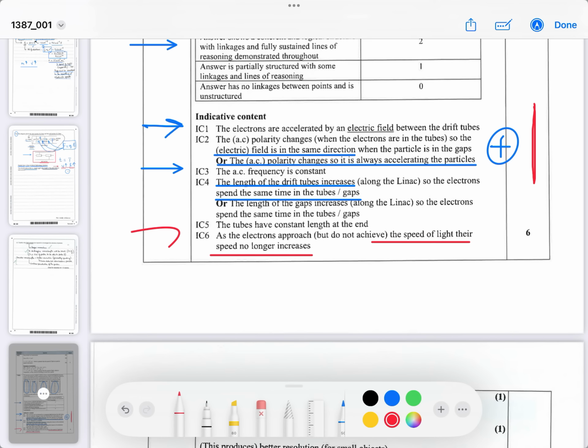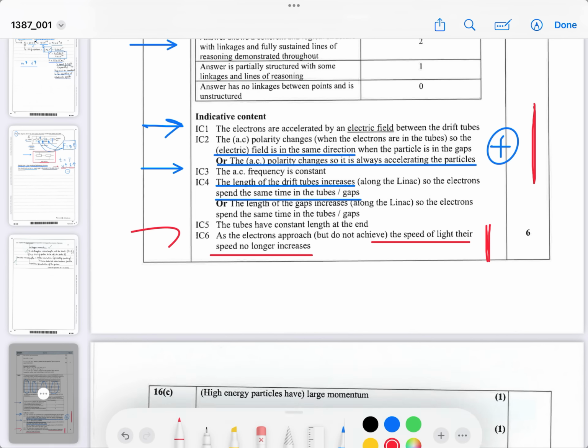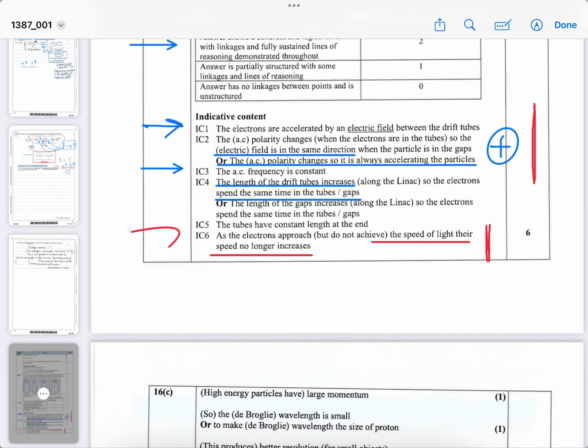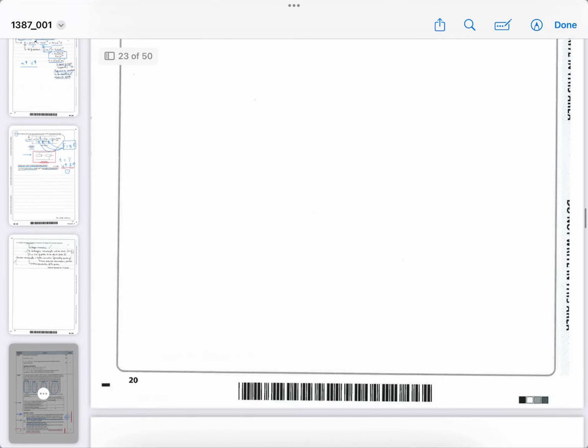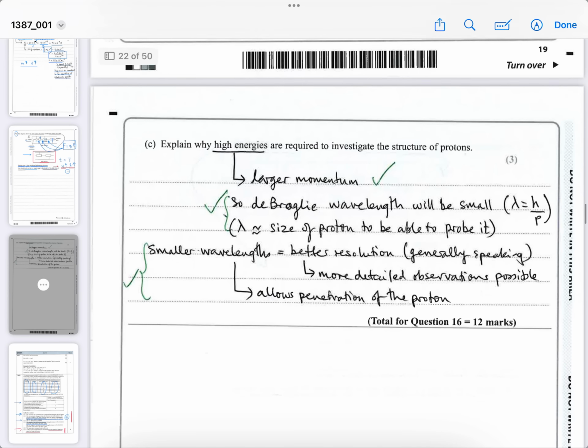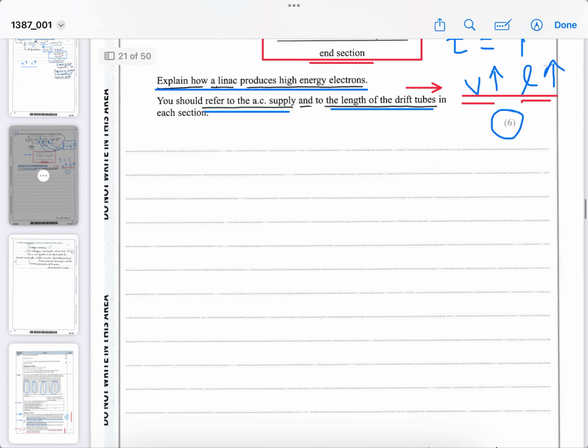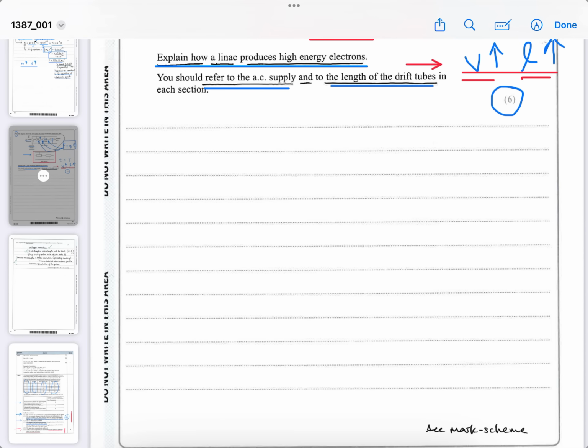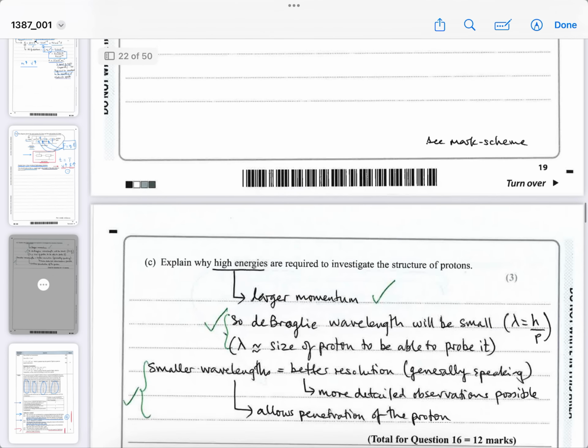And then at the end, if they reached the maximum speed, they no longer can increase, so the drift tubes do not need to increase correspondingly. Okay, so that's the 6-mark question, a really good revision question for you to make sure you take detailed notes on, and you've got to put your verbalization in that section. So always check the mark scheme if you have the ability to do so.